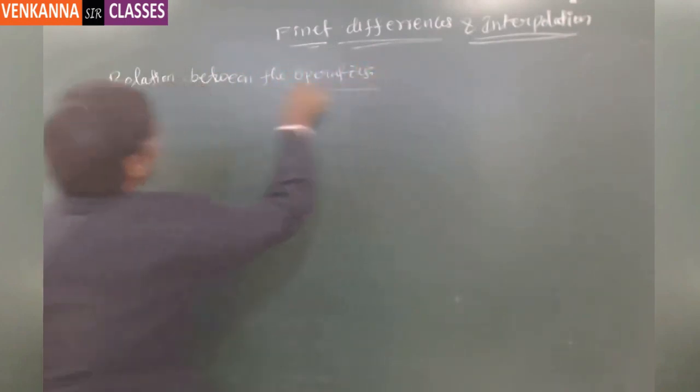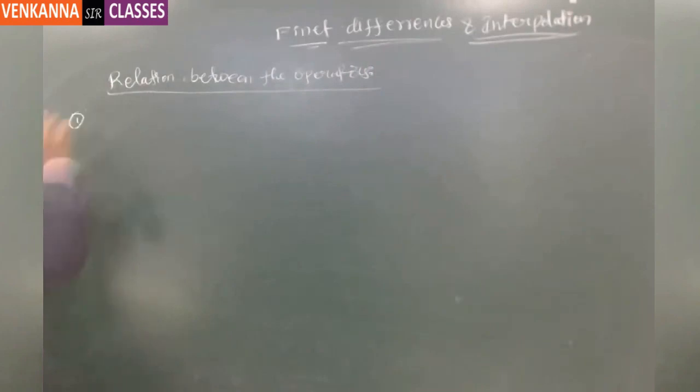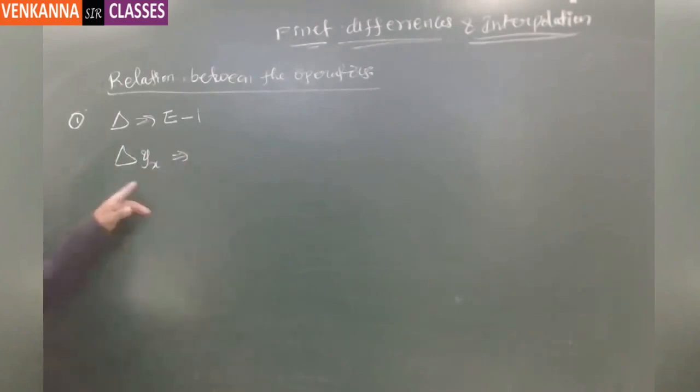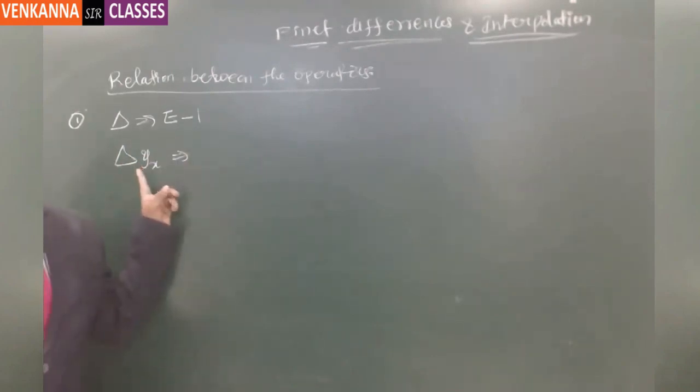Now we'll take one by one. So first one, there is a relation of delta equal to E minus 1. So this is one operator. Delta equal to E minus 1. So for this, if you operate delta yx, delta yx is nothing but you are operating a forward difference operator here.